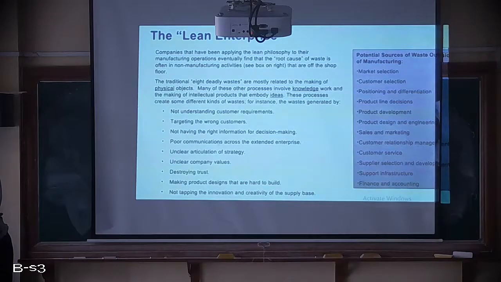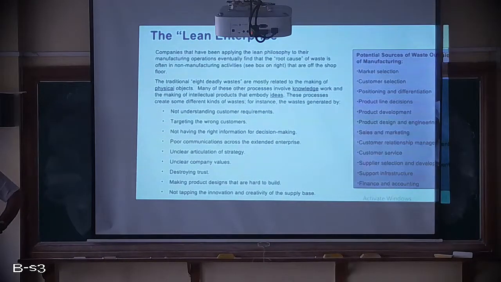These are all indirect aspects for profitability. Okay. Though you have no scope to eliminate waste here, they create an important impact on profitability.